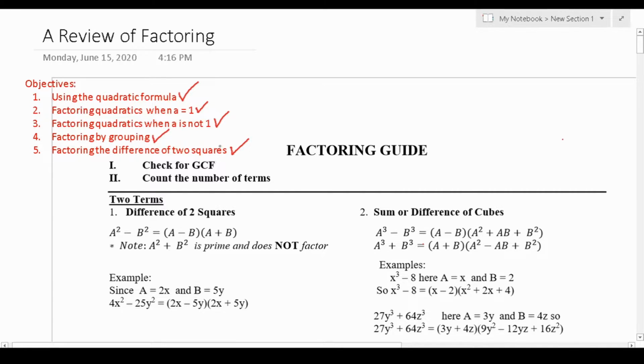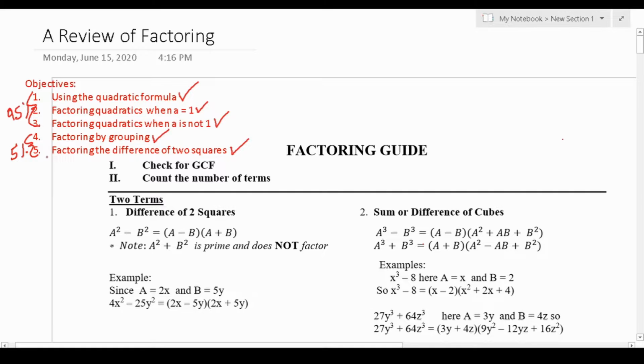Let me just point this out before we get started with today's video. These three topics are very common, and they have a 95% chance of appearing on the ASVAB, whereas these other two topics are really special cases of factoring, and in light of that, they have a 5% chance of appearing on the ASVAB.